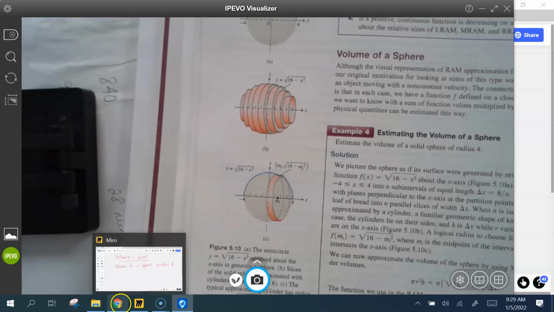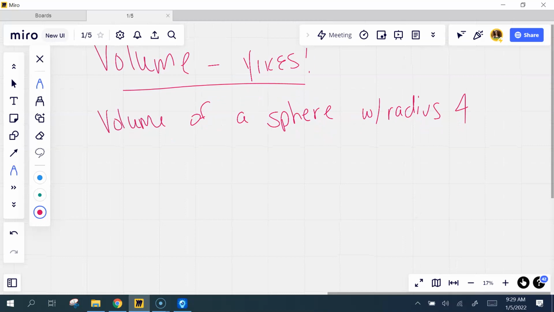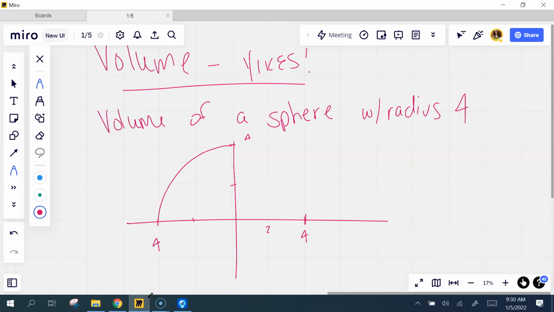All right, if I've got a sphere, let's think about this on a coordinate plane. And I know that's two-dimensional, but let's just think. We'll go to 4. The radius is 4, which means the diameter would be 8, right? So I'm going to think about this semicircle here.